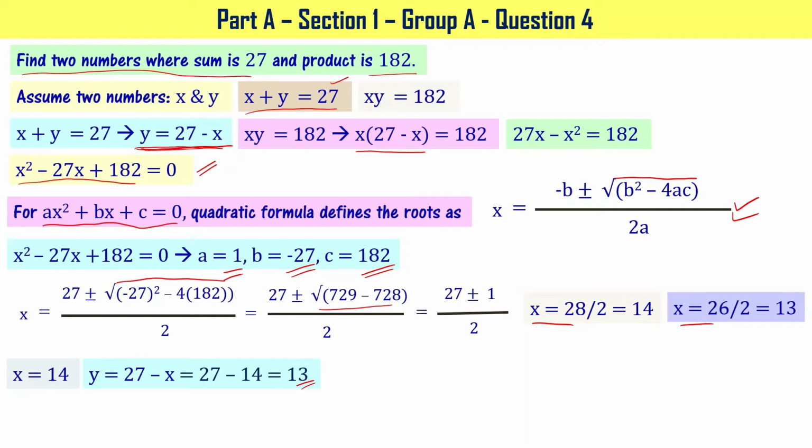If you take x equal to 13 here, you will be getting y as 14. That's why I'm not doing that. The numbers we are looking for are 13 and 14. Their sum 13 plus 14 is 27. Their product, that is 14 times 13, is 182. Right?